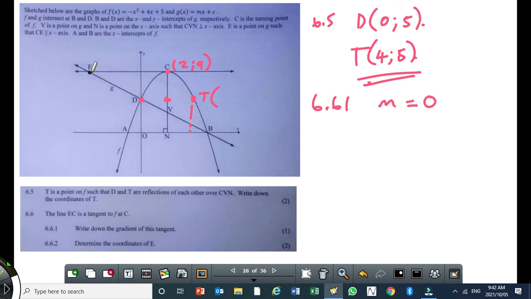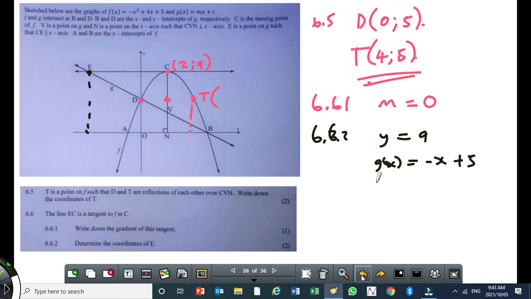The way that I would do it, I would just equate y equal to 9 and g of x equal to minus x plus 5. Because they intersect here, their x value is the same, the y value is the same. So I just need to find that x value. If I do that, you get 9 equal to minus x plus 5.